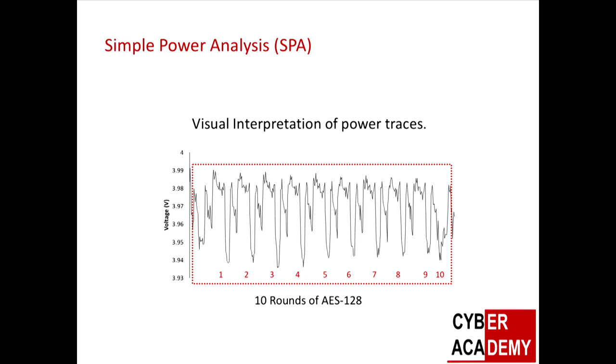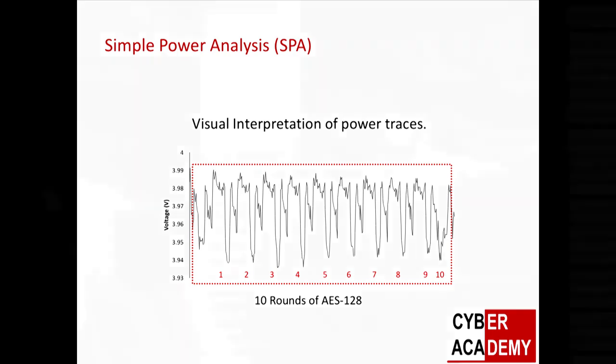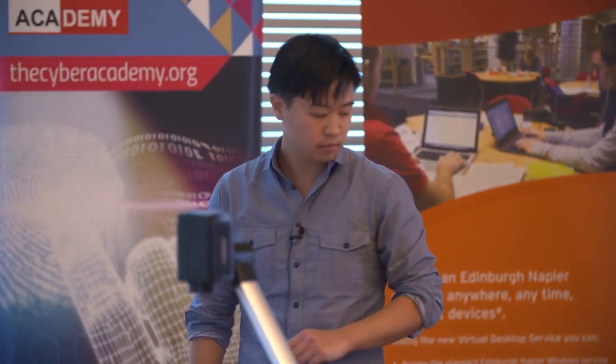This type of simple power analysis attack also works in AES-192, where there are 12 rounds of operation, and AES-256, where there are 14 rounds of operation. So you'll get 12 of these nadirs and 14 respectively for those two forms of AES.